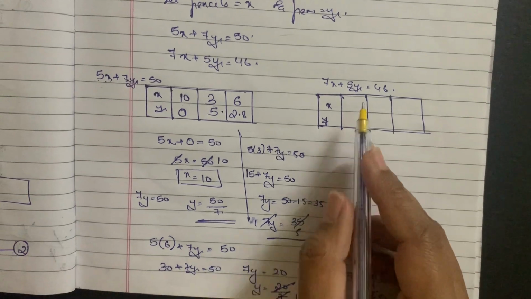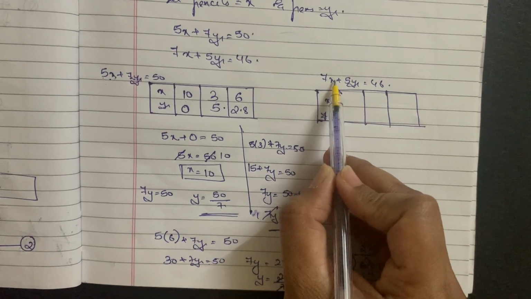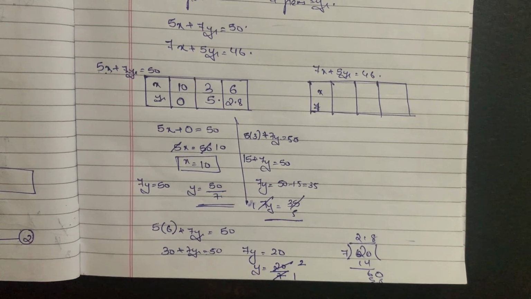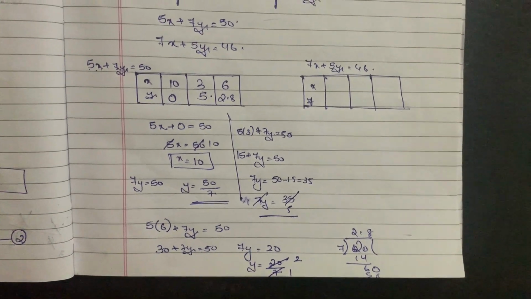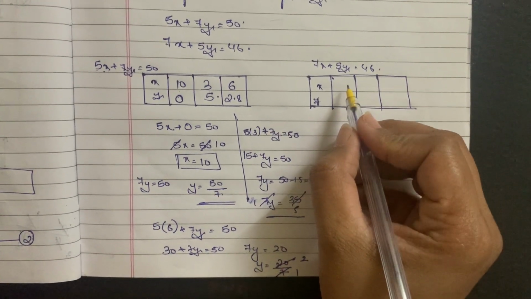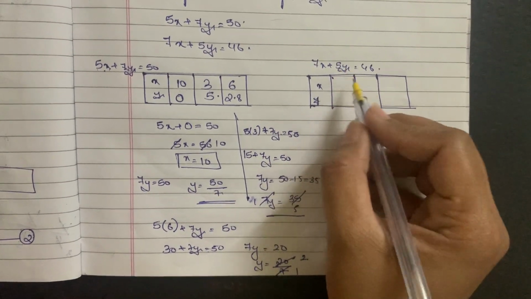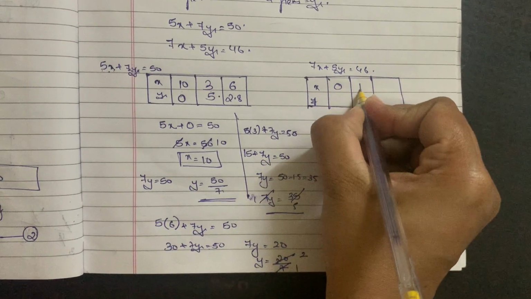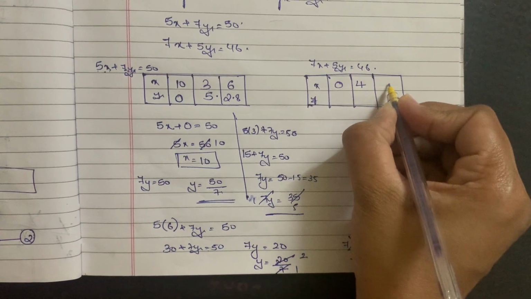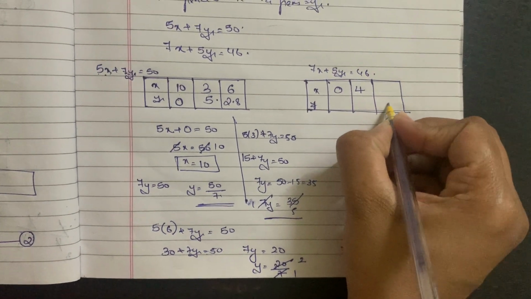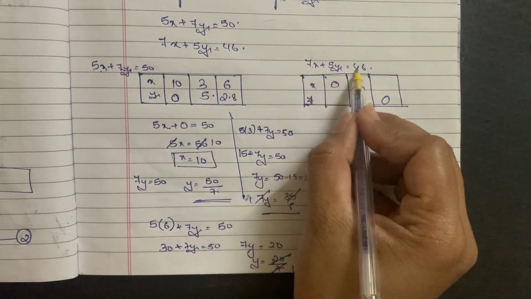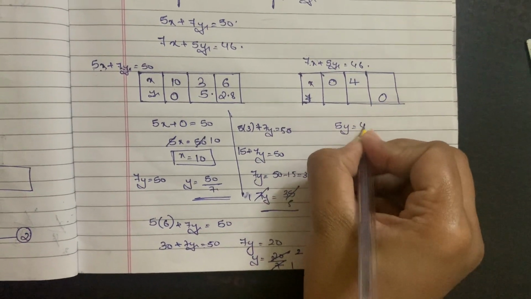Likewise, we'll go with the second equation. If you take anything as 0 it wouldn't come out whole, because of the 46 there. Let's try taking x as 0. 7 times 0 is 0, so 5y is equal to 46.